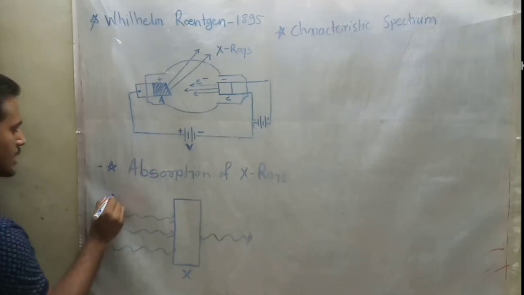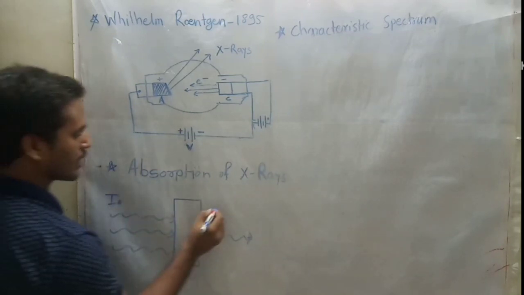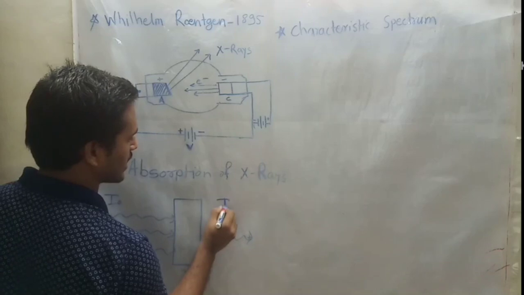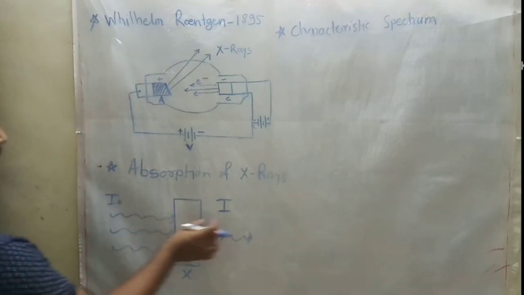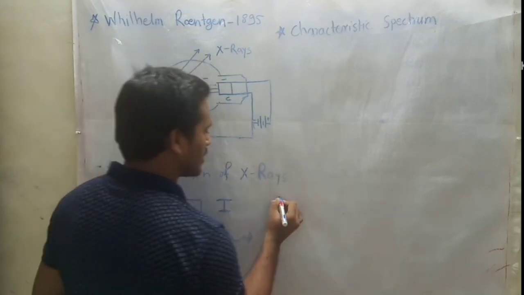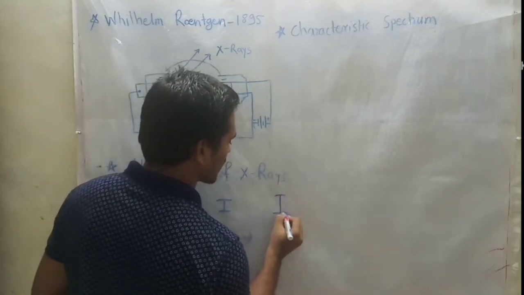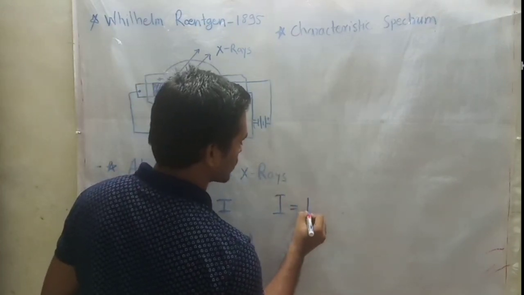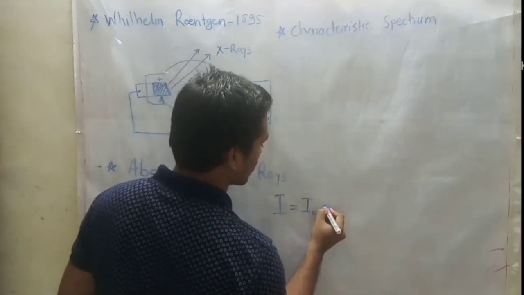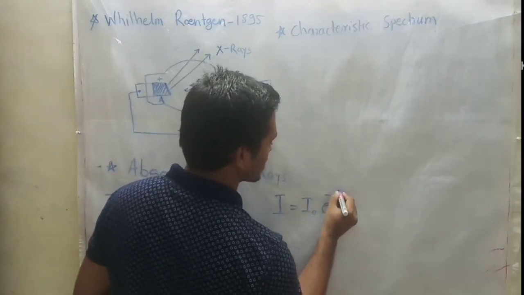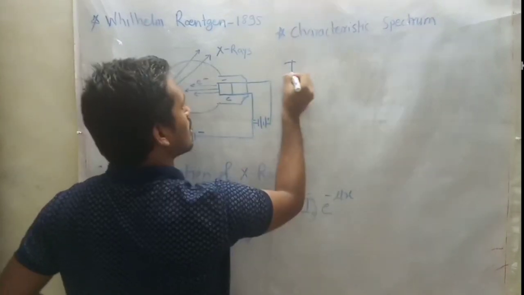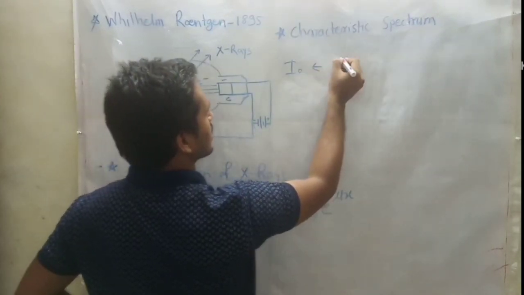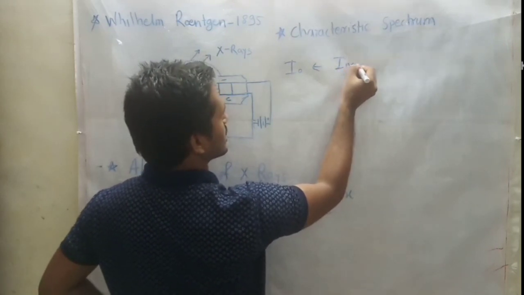The incident X-rays are I naught and the transmitted X-rays are I. The relationship is I equals I naught e raised to minus mu x, where I naught is the incident X-ray intensity.